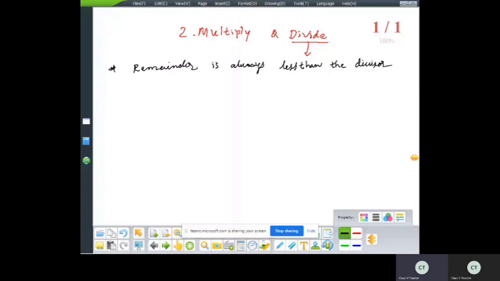Sorry, I said remainder is always less than the remainder; the remainder is always less than the divisor. Remainder less than divisor.